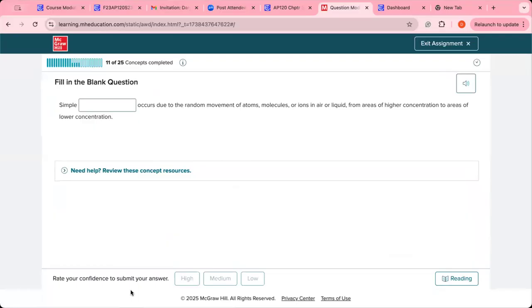Simple blank, excuse me, let me read that again. Simple blank occurs due to the random movement of atoms, molecules, or ions in air or liquid from higher concentration to areas of lower concentration. What do we call that movement again?